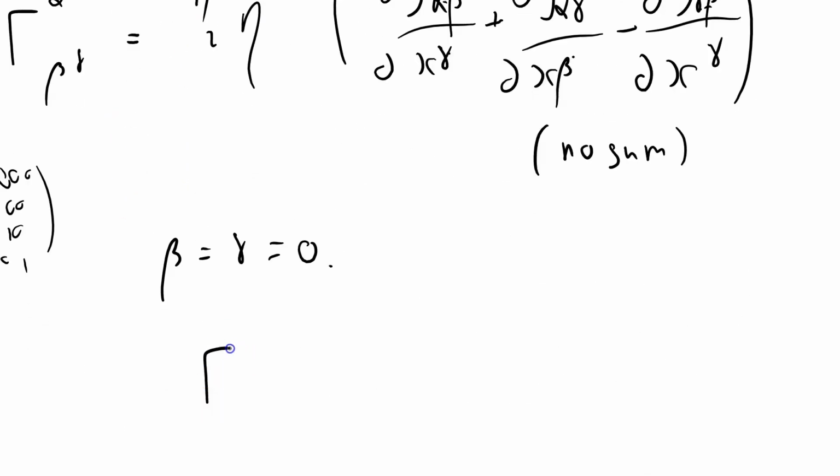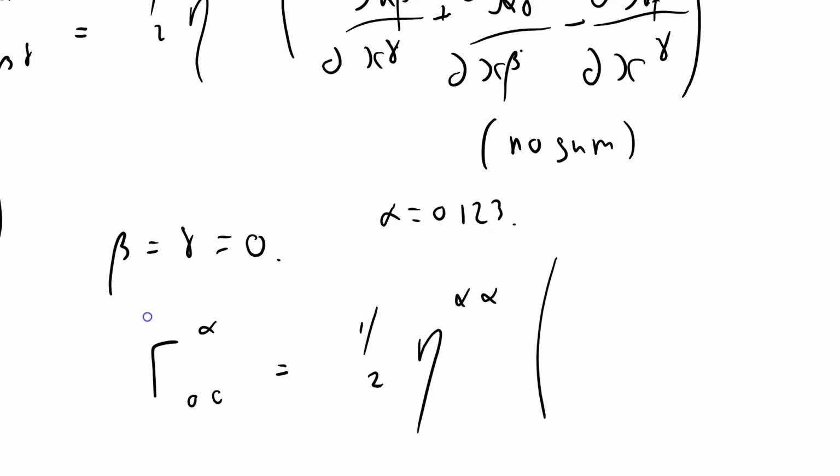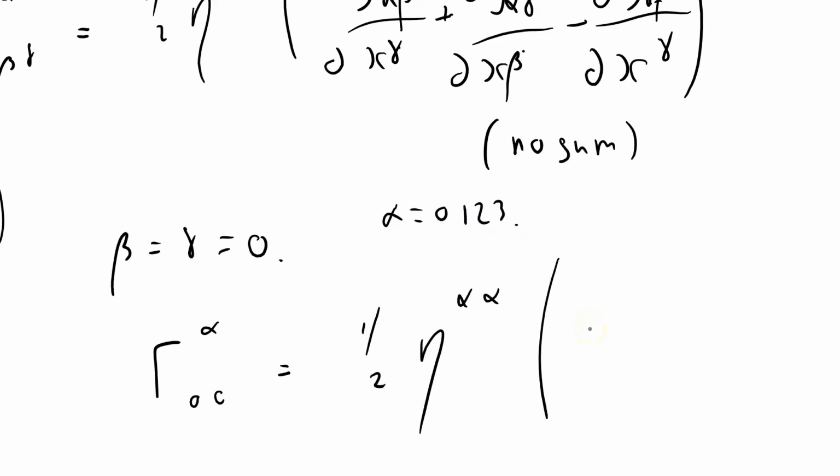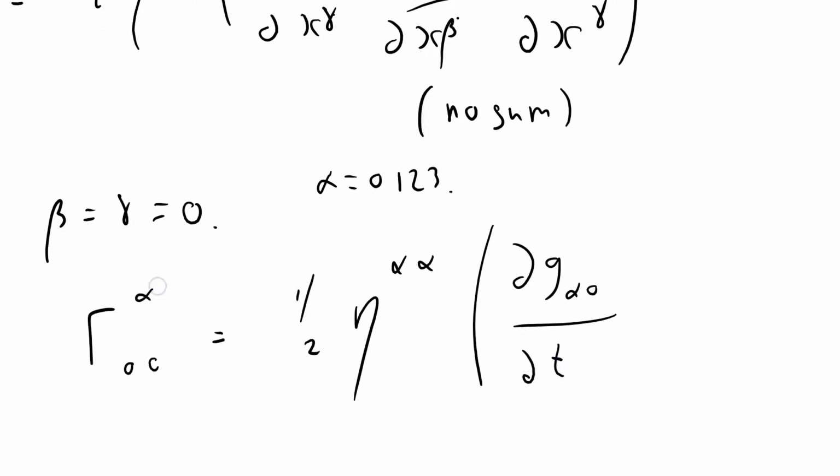So that tells me that Christoffel alpha 0 0 equals a half eta alpha alpha, and alpha can be 0, 1, 2 or 3, times di g alpha 0 by di t plus di g alpha 0 by di t.